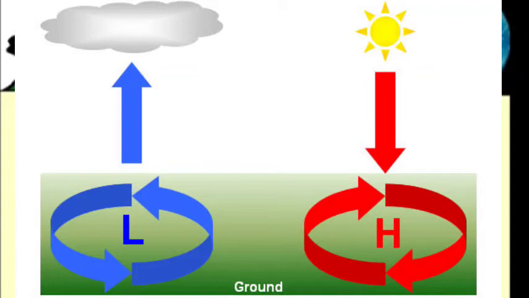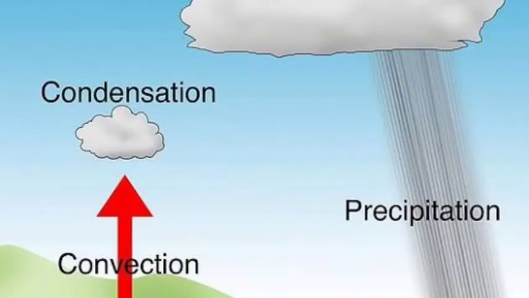Understood? So when the clouds reach the dew point or cooling point, or 0 degrees centigrade, the clouds cannot hold the tiny droplets of water any longer. At that time it releases them in the form of precipitation.